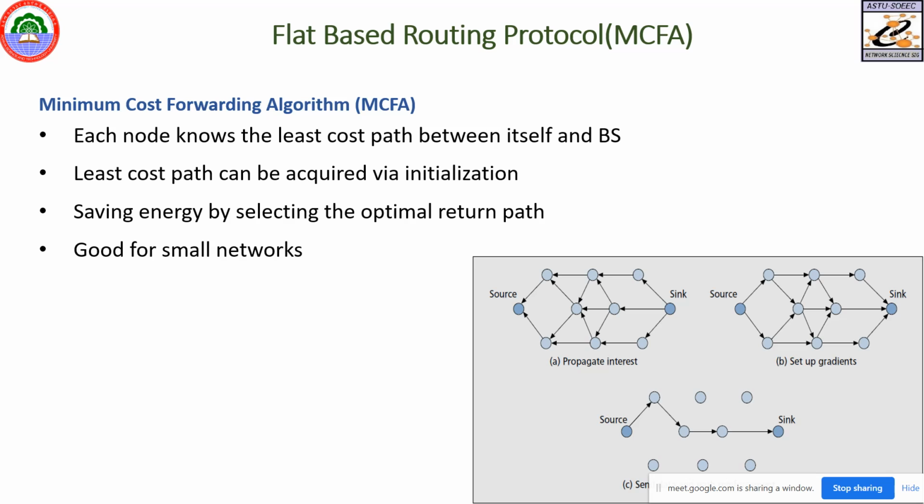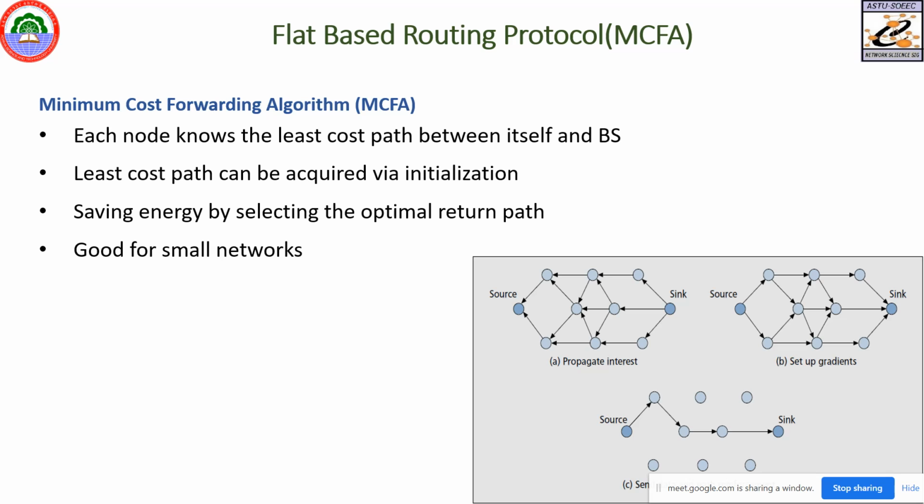When the node receives a message, it checks if it is on the least cost path between the source and the base station. If so, it rebroadcasts the message to the neighbors. If not, it will not rebroadcast. This process is repeated until the base station receives this particular request.